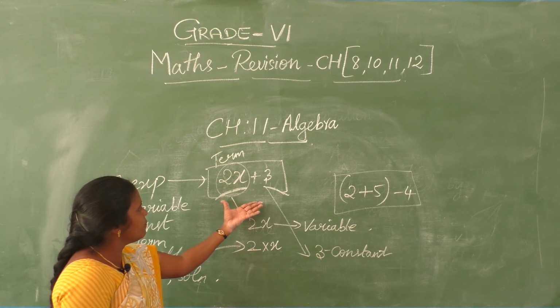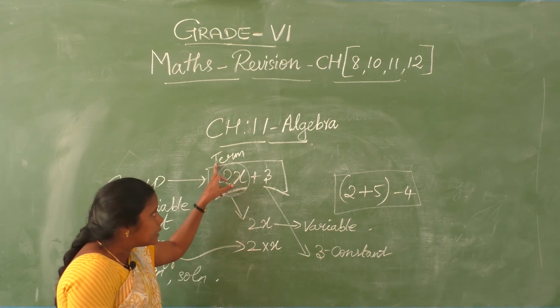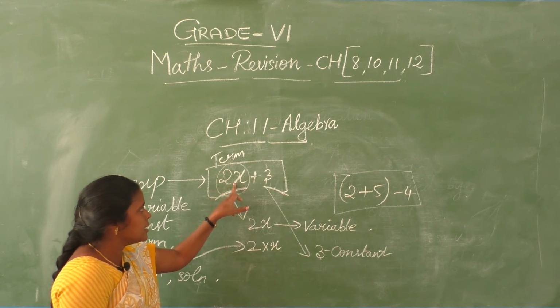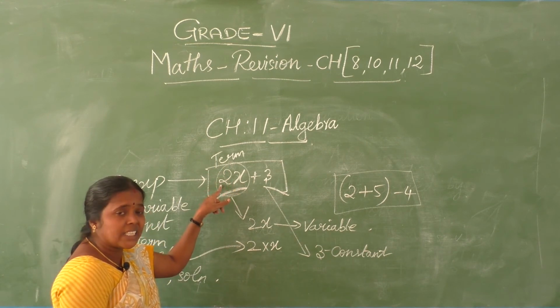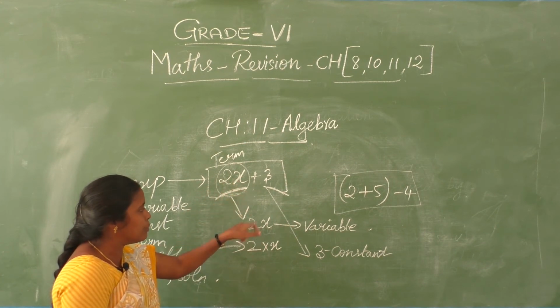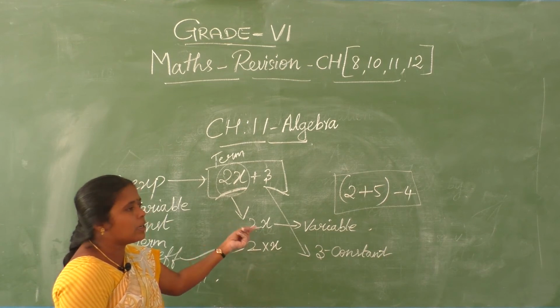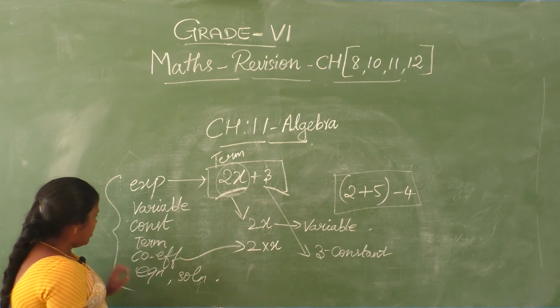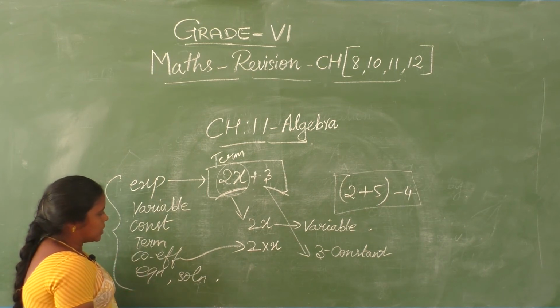Here 2x is the variable term, 3 is the constant term. Variable means here x. Whichever number is connected with it is called the coefficient. Here 2 is connected with it in multiplication notation, so 2 is called the numerical coefficient of the variable term x. Understood or not?